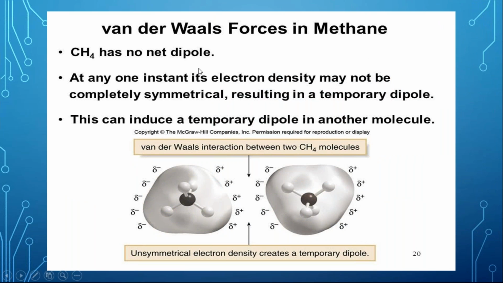So methane has no net dipole. At any one instant, its electron density may not be completely symmetrical, resulting in a temporary dipole. So these are temporary dipoles. This can induce a temporary dipole in another molecule.